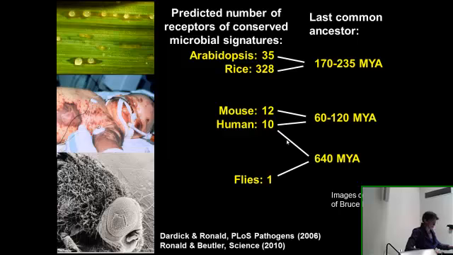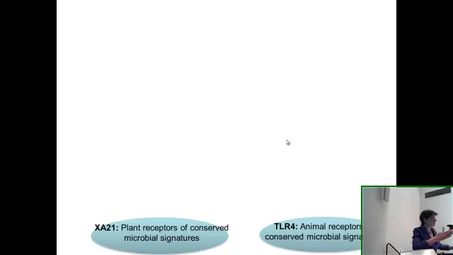Now, another important project is one collaboration that I've had with Bruce over the years, and I hope we will have many more. We're very interested in trying to understand and identify the last common ancestors of these receptors. So we use XA21 as the representative receptor of conserved microbial signatures, and TLR4 as a representative receptor of animal receptors.